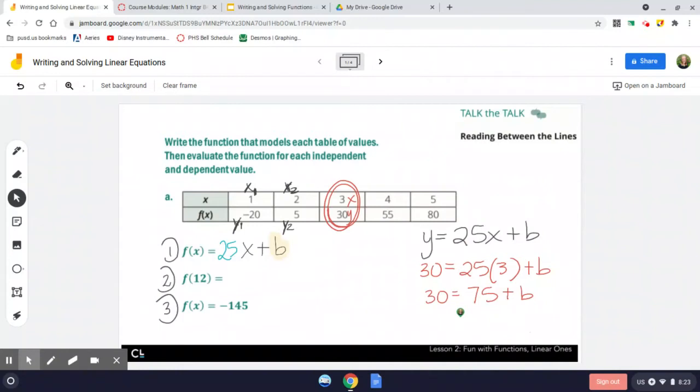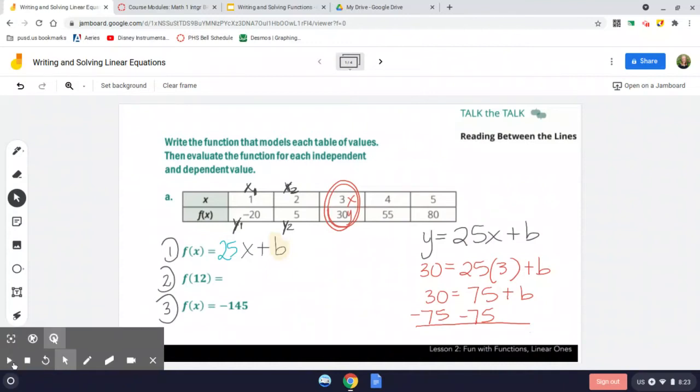So to get rid of it, I subtract 75. But if I do something on one side, I have to do it on the other. Okay.